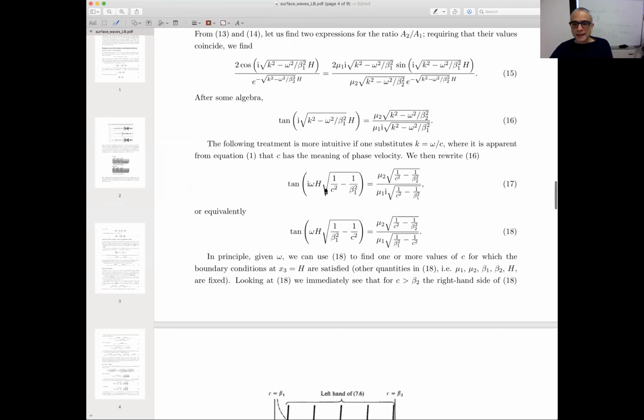And again, you see, you play with this i here, and if you can bring the i within the square root, it basically means -1 squared. So ultimately, you are left with this equation.